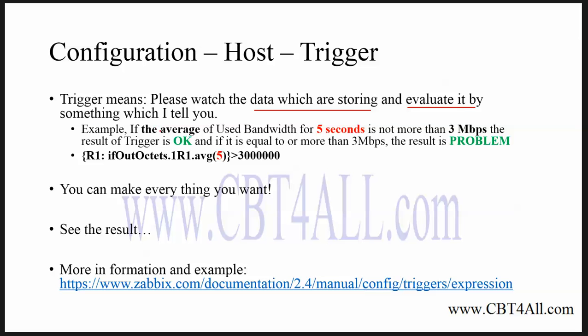For example, you want to say if the average bandwidth usage for 5 seconds is more than 3 megabit per second. What does it mean? It means this is the router and someone is downloading from the internet.